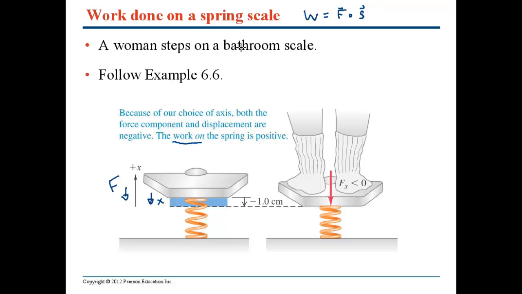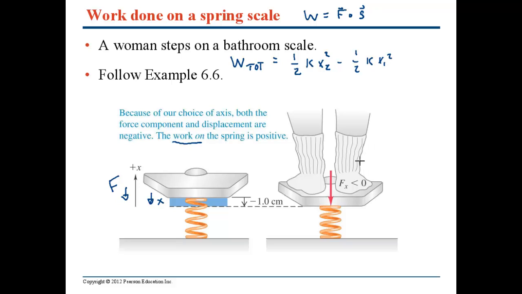We can calculate how much work was done by taking a look at the work energy theorem, only now we wouldn't be talking about kinetic energies. The total work done on a system is going to be 1/2 k x2 squared minus 1/2 k x1 squared.